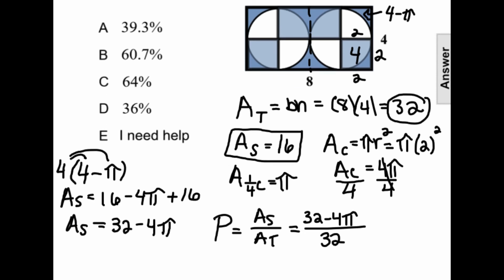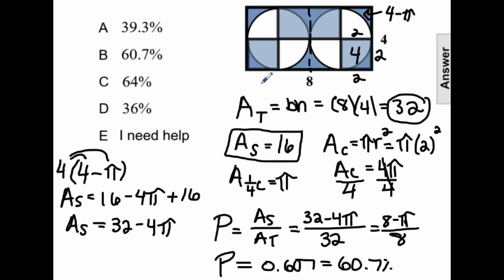We can take out a factor of 4 from the top if we wanted to keep it as a fraction, giving us 8 minus pi over 8, which as a decimal, 8 minus pi divided by 8, is going to give us approximately 0.607, which as a percentage is 60.7%, making our answer choice B.